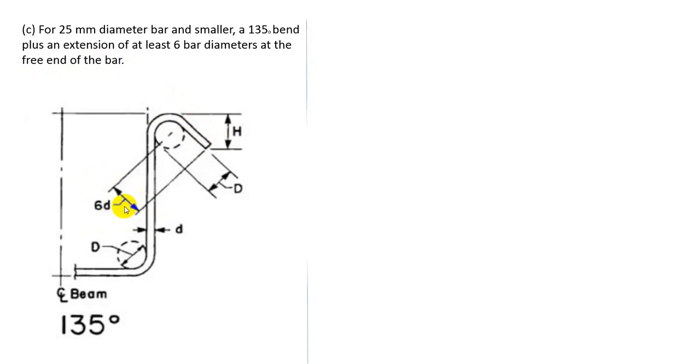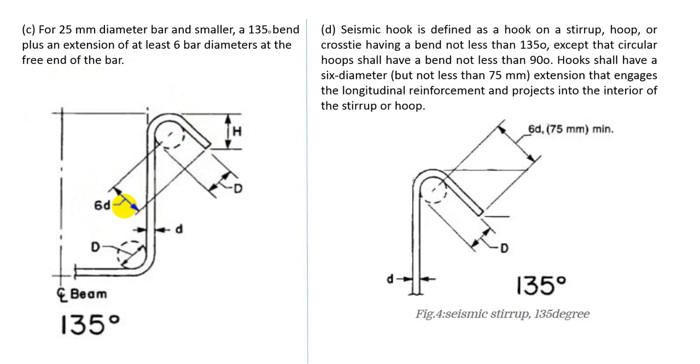And finally, if we use a hook for seismic design, a seismic hook is defined as a hook on a stirrup, hoop or cross tie having a bend not less than 135 degree.